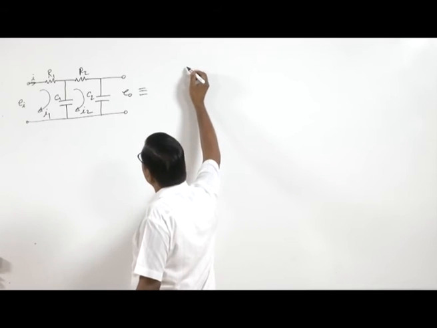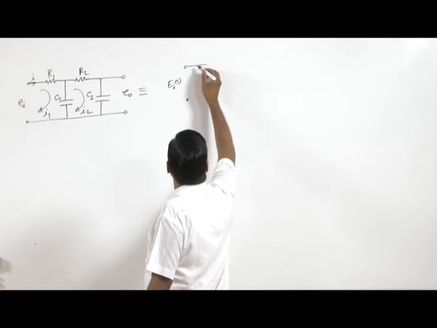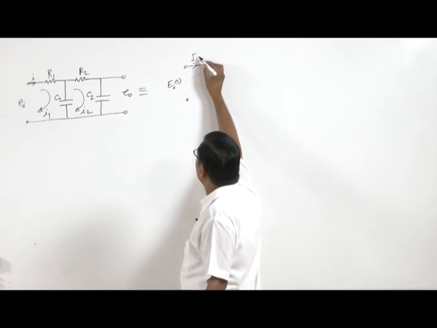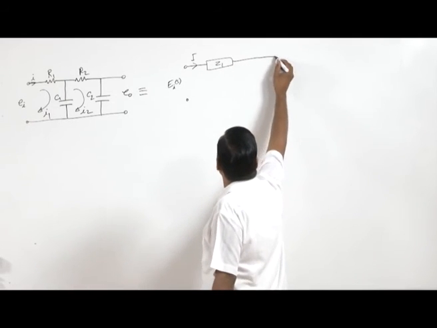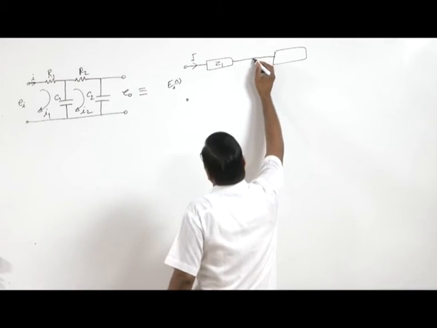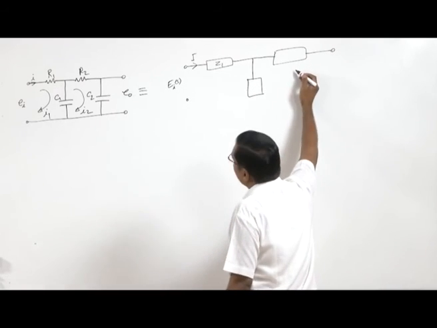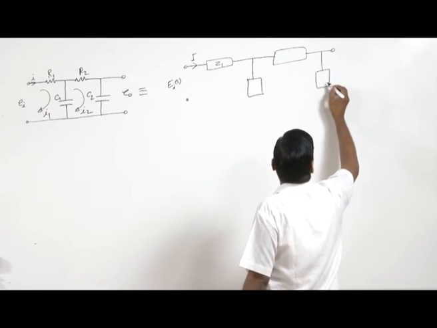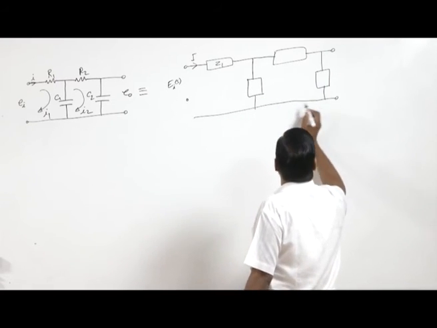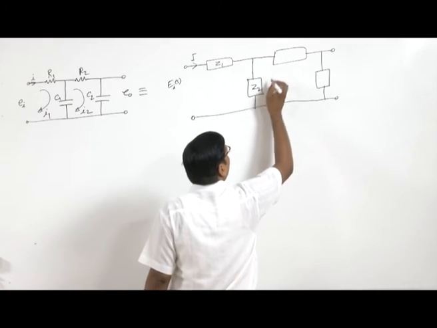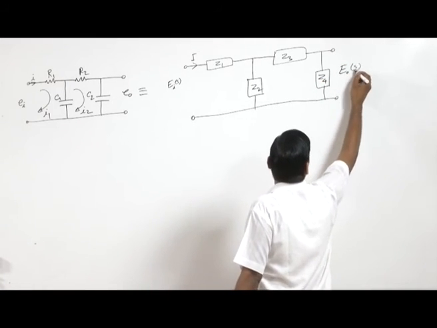So, here we have EIS, then we have current I here, of course it is a function of S, then here a Z1 impedance, here we have a capacitor impedance, then here one more capacitor impedance. And this is EOS, the output voltage.